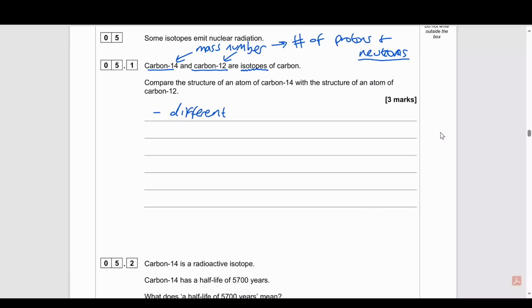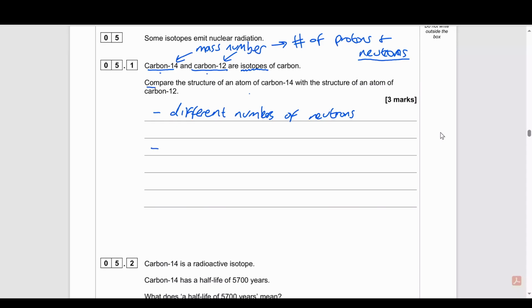They have different numbers of neutrons. Now remember then that these are atoms of the same element, both carbon. If they're both carbon, then that means that their atomic number is the same. And the atomic number means the number of protons in an atom.